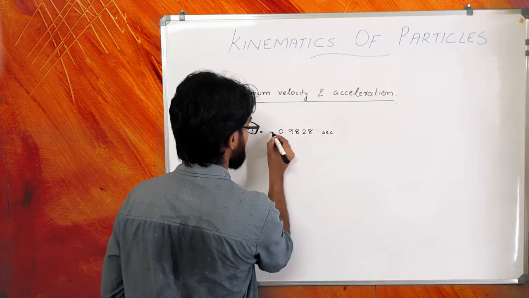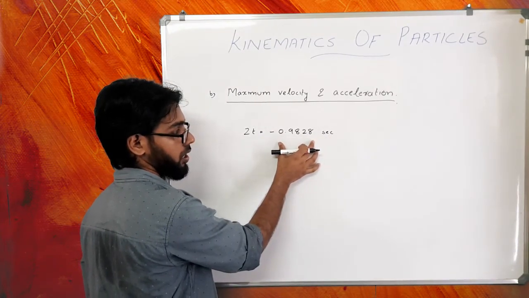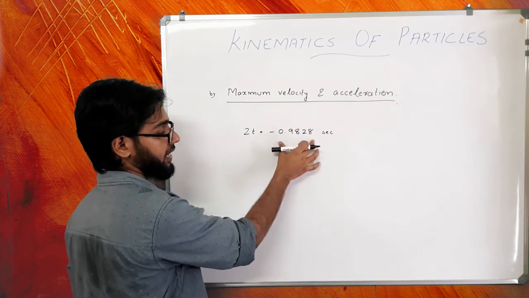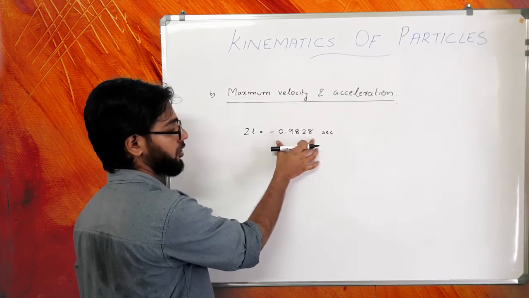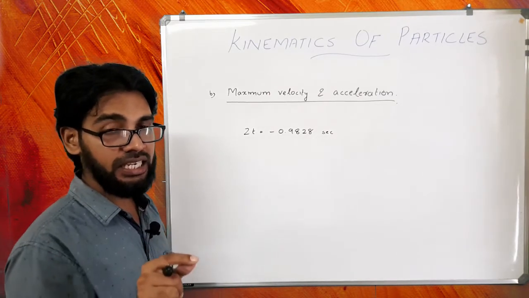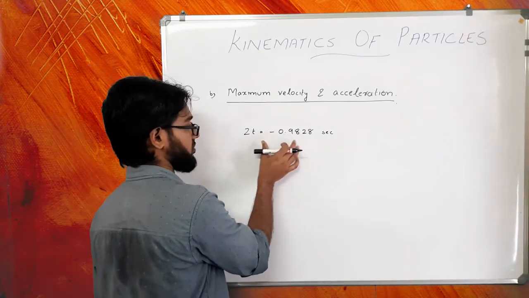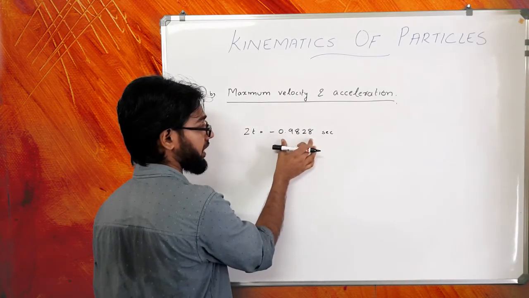Now the problem here is that this corresponding value is negative. Time cannot have a negative value, but we know that tan theta is periodic with respect to pi. So you can have two answers: 2t equals minus 0.9828.